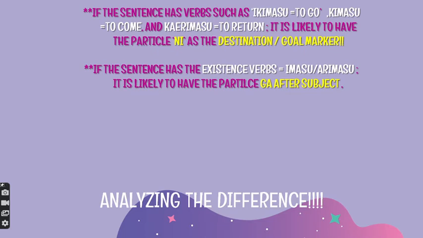And if you see the sentence that has the existing verbs like arimasu or imasu, as I already told, you are likely to make use of the particle ga after the subject. Okay, neko ga imasu. So there was a use of imasu, so I became careful, I became alert. Okay, there is going to be the subject over here. Okay, what is the subject? Neko. Okay, neko is going to be marked by the particle ga.